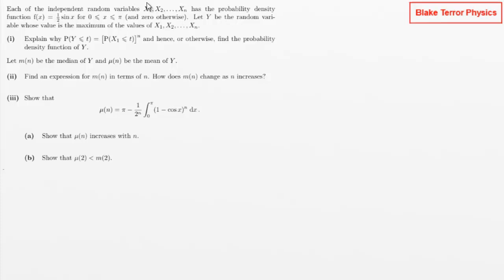Okay, so we've got a whole load of these x's, and we're picking the maximum one. But all of these x's are identical. They're independent of each other. They're all going off the same probability density function. So we could start off with that, because that must be getting at why we're doing this to the power of n. All these things are the same.